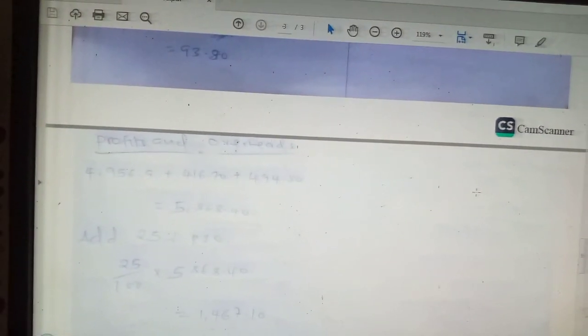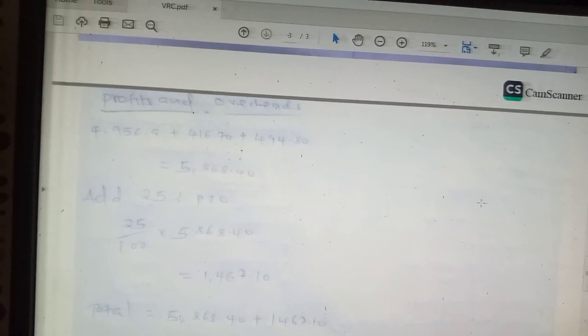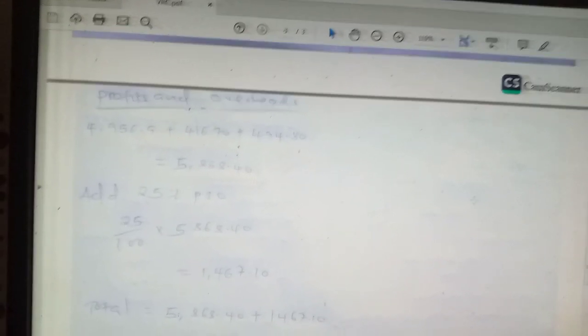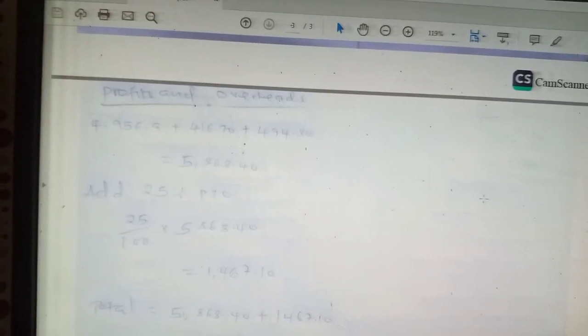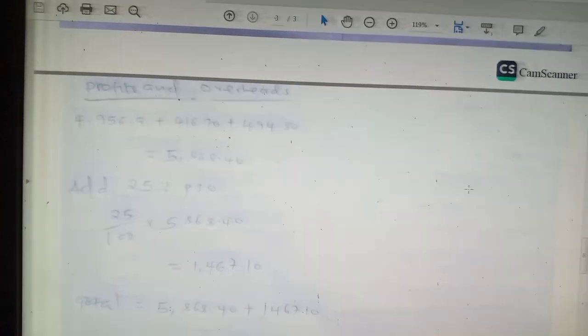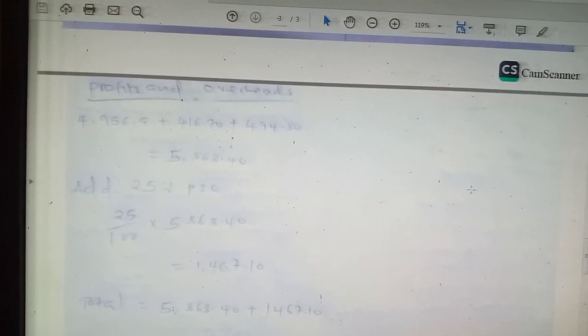Then the last item is profits and overheads. We were given the percentage of profits and overheads in the question. It was 25%. When you want to do profits and overheads, you get the entire totals of the work, the labor, the materials, the plants.